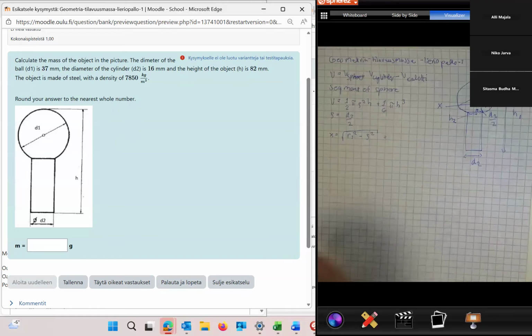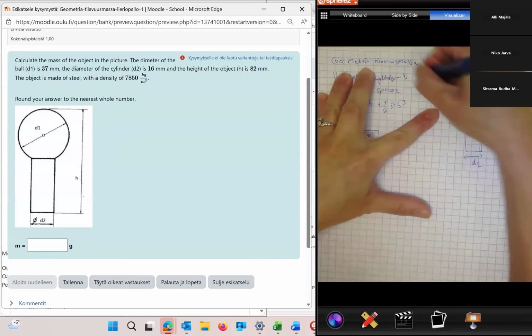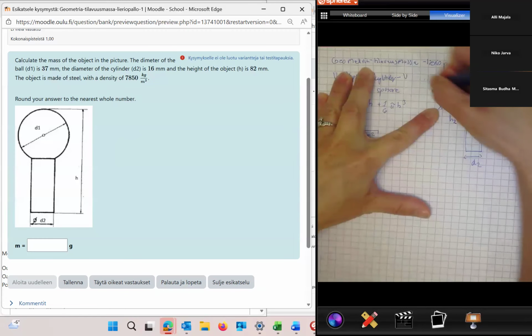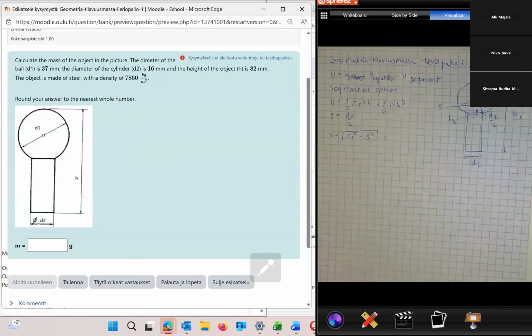And that's called segment of a sphere. So I could write here segment. And then that's how you end up calculating certain things.